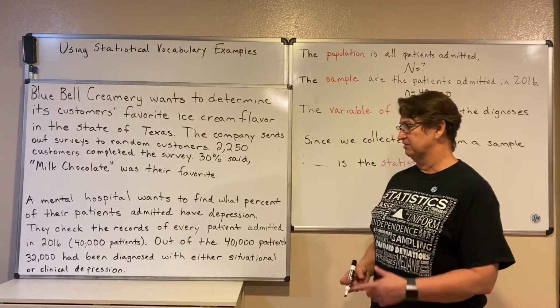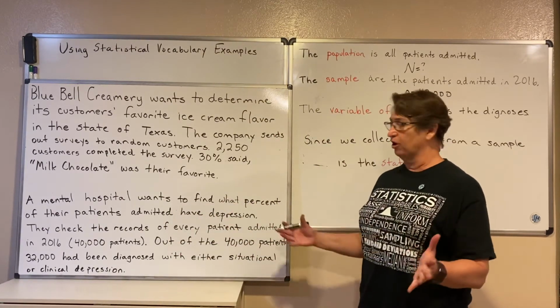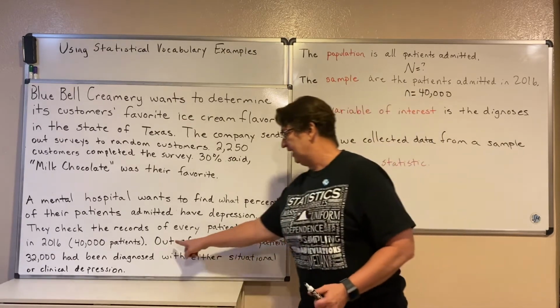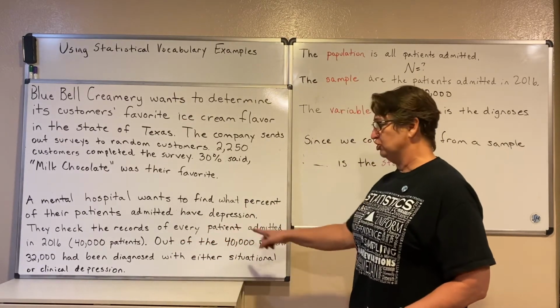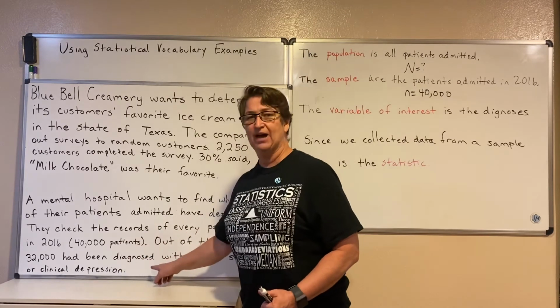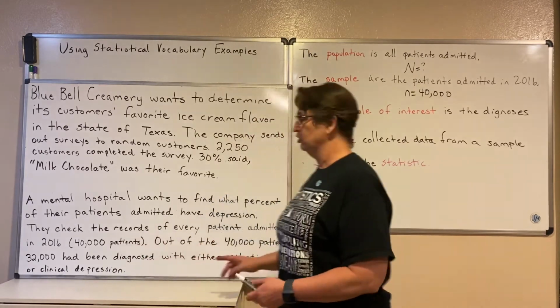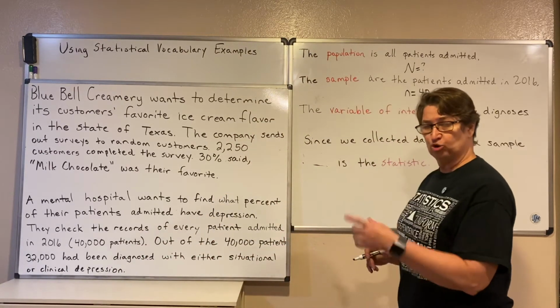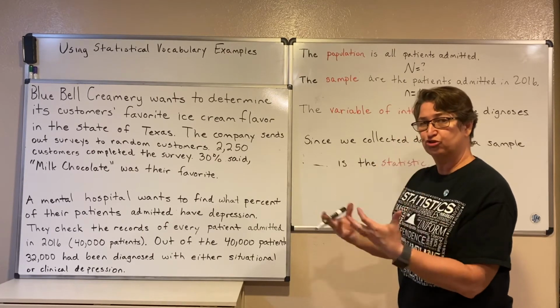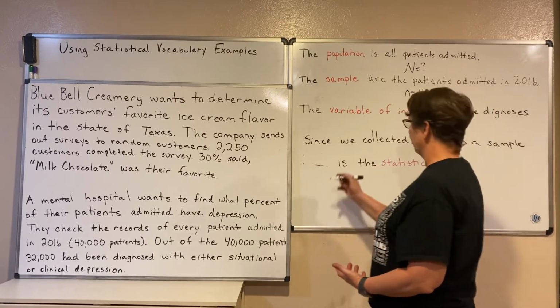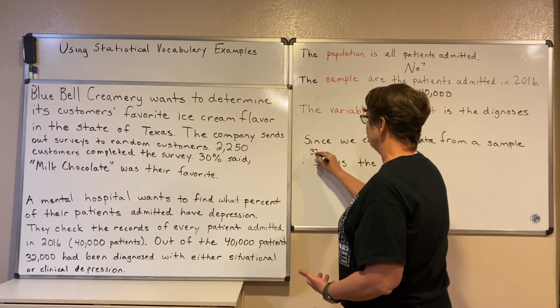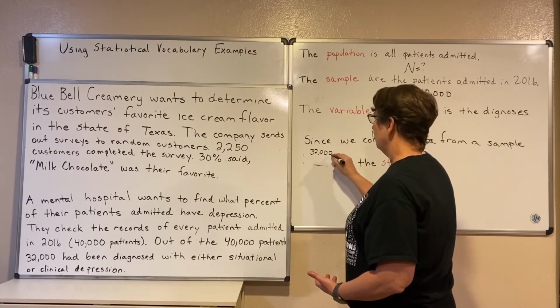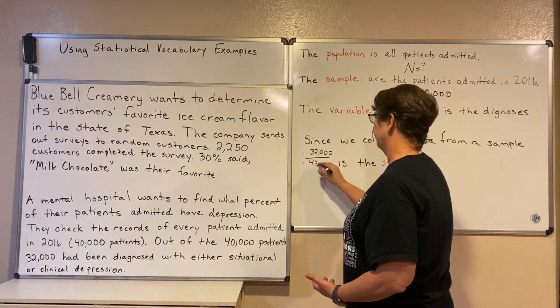And what is the statistic? One number that represents all our data? Well, out of the 40,000 patients, 32,000 had been diagnosed with depression. So we can make a proportion, one number to describe this data. That proportion would be 32,000 over 40,000.